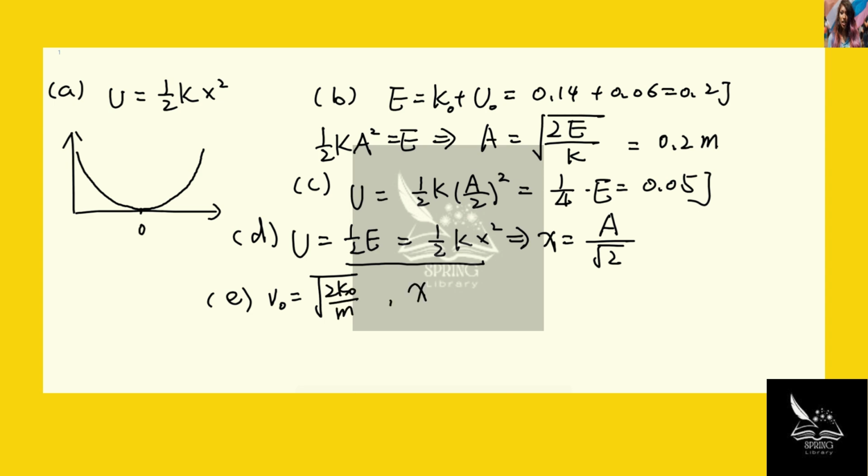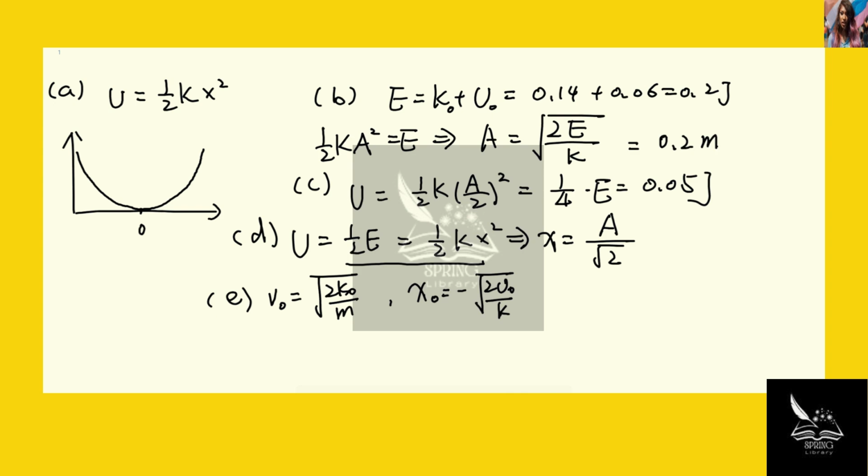The initial position is negative square root of 2 over k, right? This negative sign is because the initial displacement is negative, which is described in the question. We know the initial velocity and the initial position, which can be calculated from the given numbers.